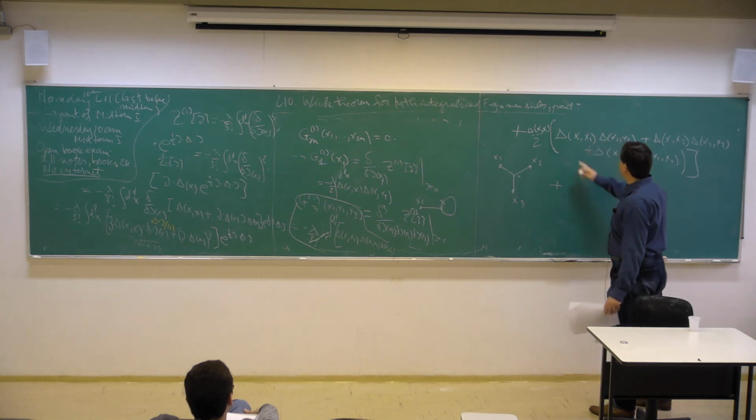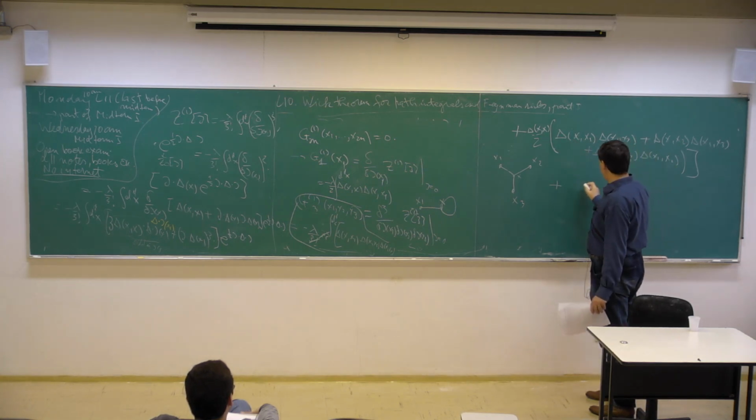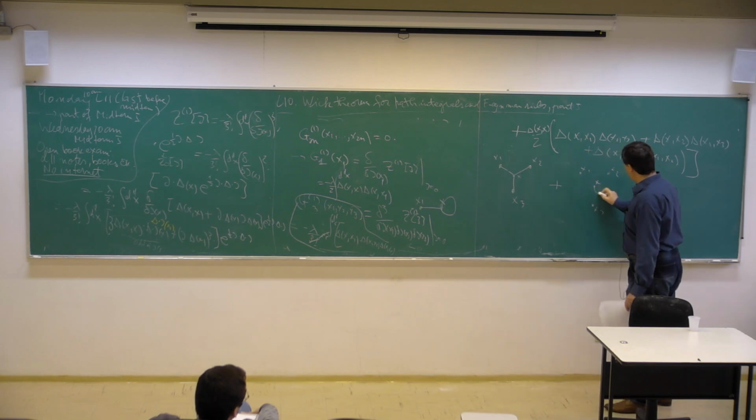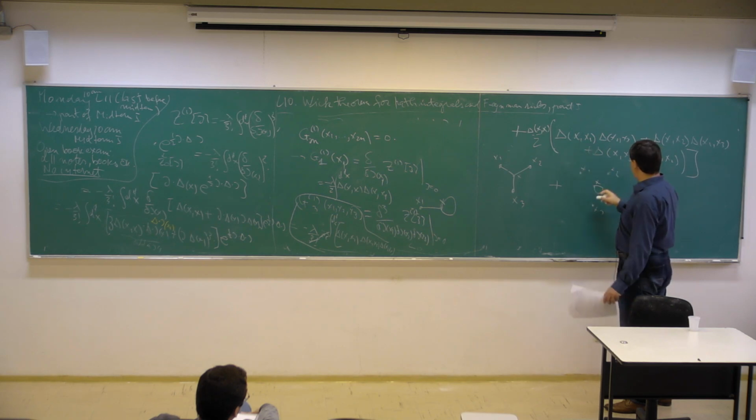Then this term has a loop on itself, delta xx, and then a connection, and then 3 terms with connections from x to either x1 or x2 or x3.